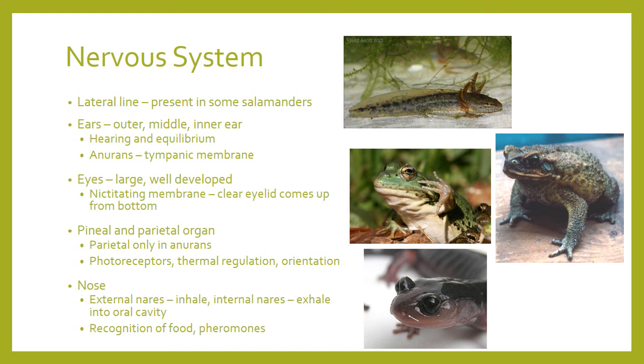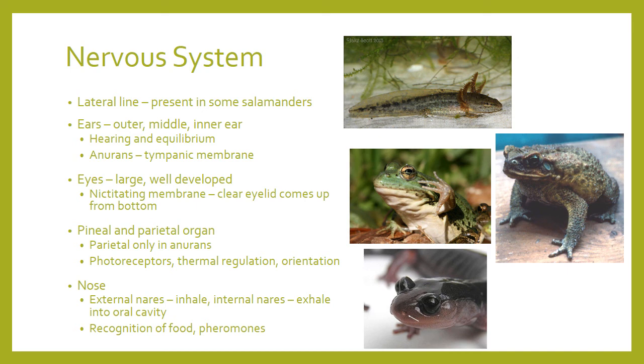The pineal and parietal organs: the pineal is present in all amphibians. The parietal is only in the anurans, and it functions as a photoreceptor for thermal regulation and for orientation. This week's Wildlife Club meeting, there was a biologist there from the Wildlife Resources Commission, and he talked about a frog study that they did where they tracked a frog, and he migrated to his breeding grounds 5 miles away.